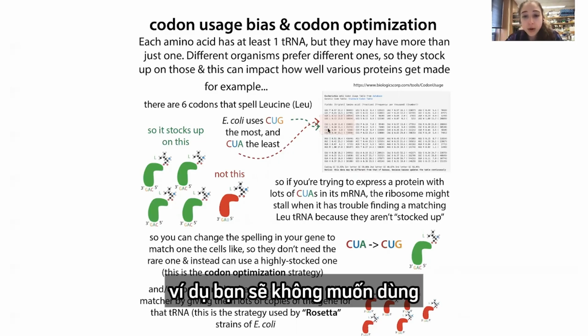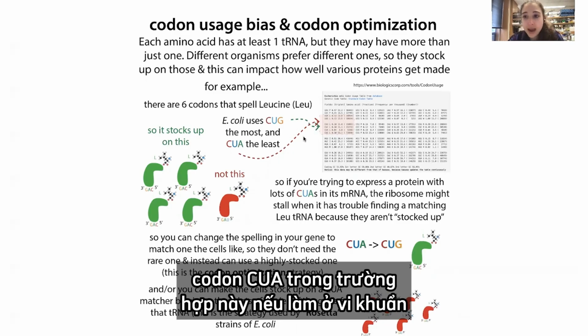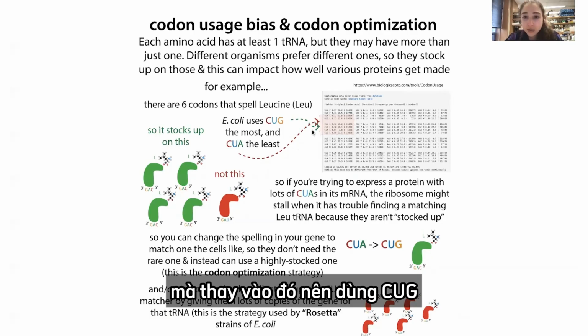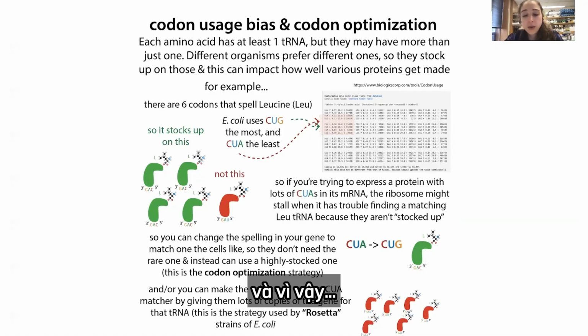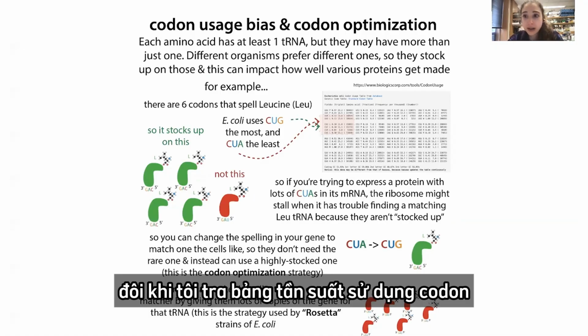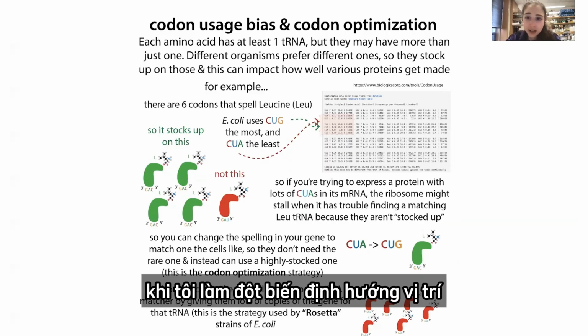If you were doing it in bacteria, you wouldn't want to put in the CUA; you would instead want to put the CUG, because now you get to choose from all of these. So sometimes I look at a codon usage table when I'm making site-directed mutations.